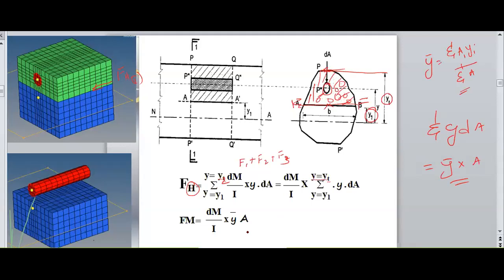So here we are getting the horizontal shear force. Total horizontal shear force is equal to dm/I into y bar into A. Here y bar is nothing but the centroid of the shaded cross-sectional area.